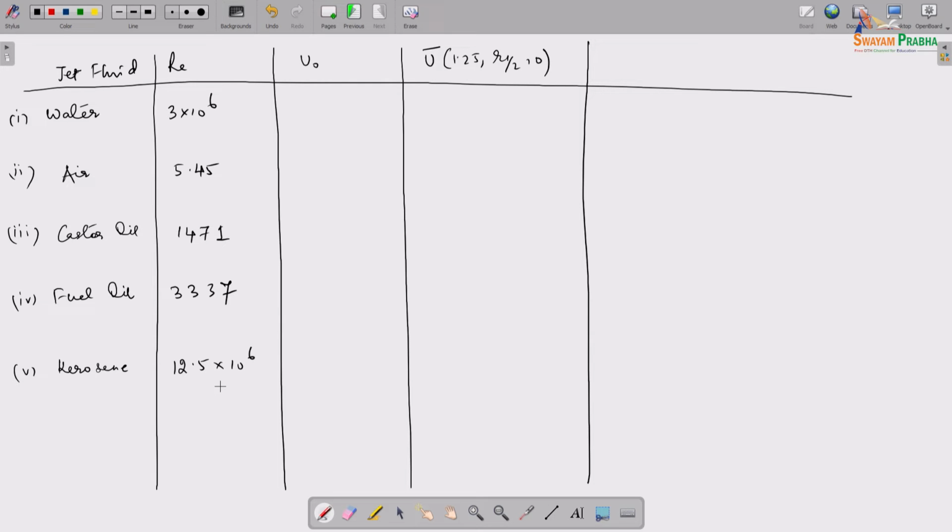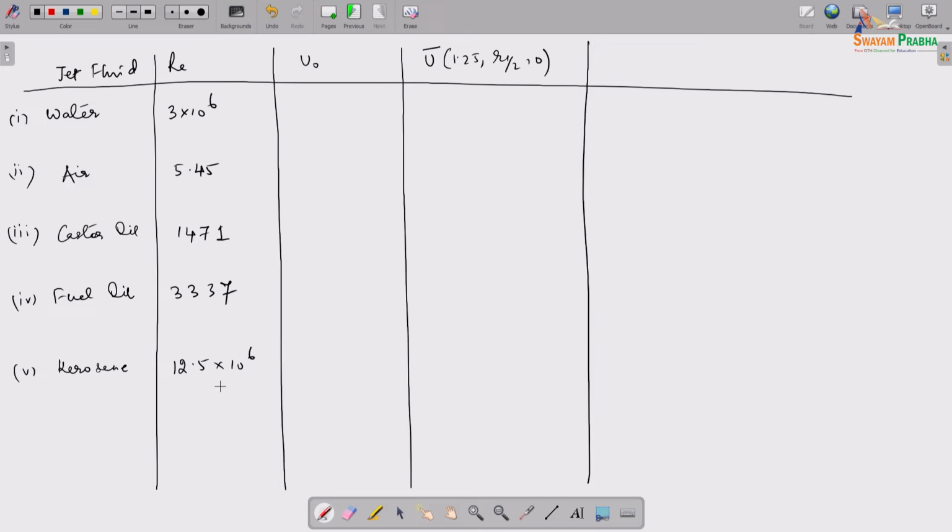Let's look at what is U naught, the center line velocities. Well, I guess we didn't calculate that. Let's just write down the mean values first. So let us write this down.